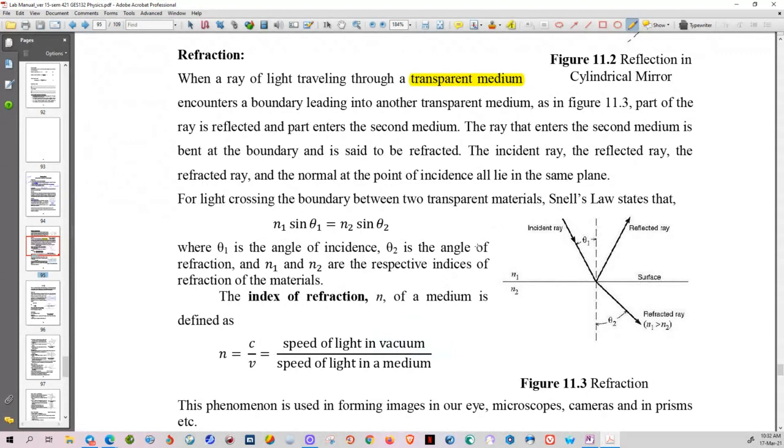Now, when light travels in a vacuum, without the effect of gravity, the light will travel in a perfectly straight line. However, light behaves as a wave, as well as a particle.